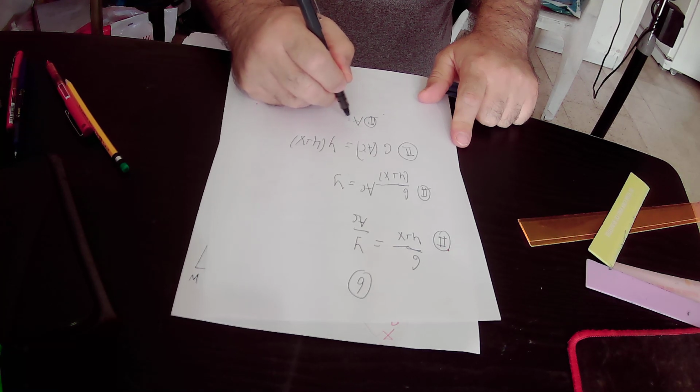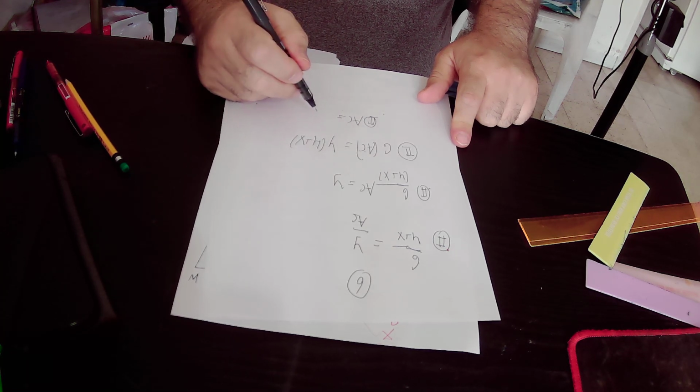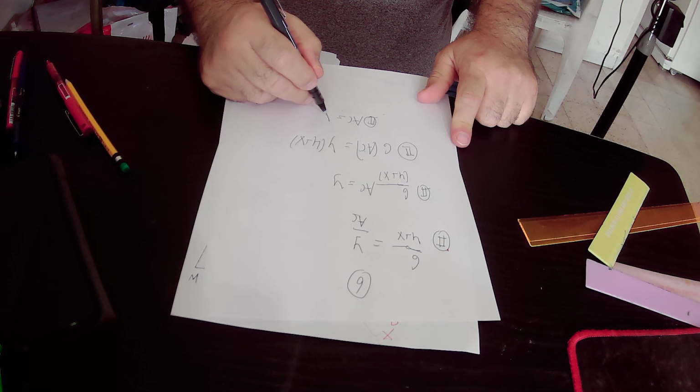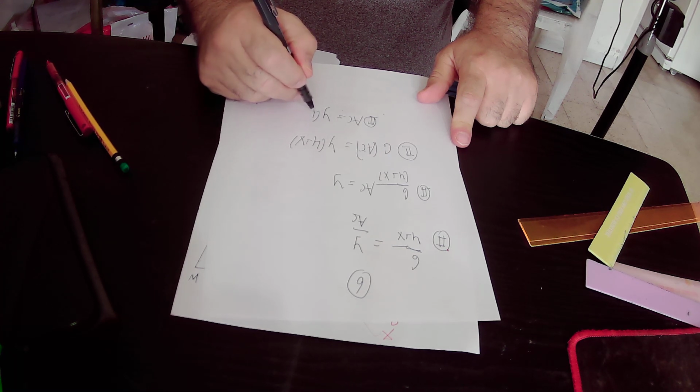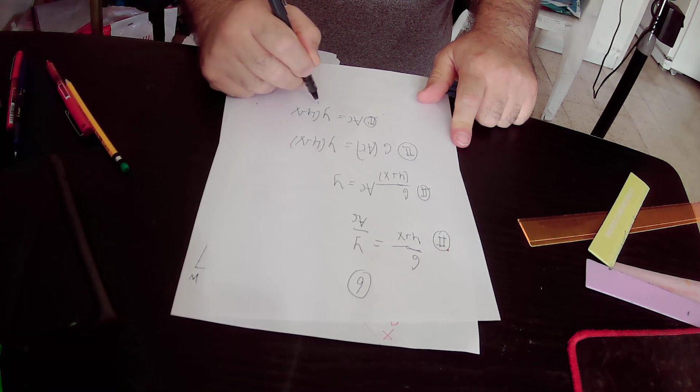So we will get that AC equals Y times 4 plus X over 6.